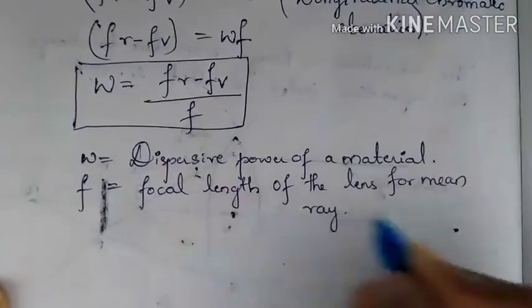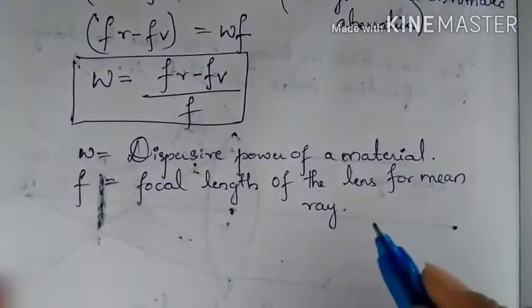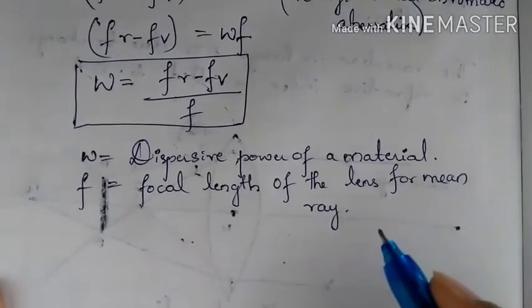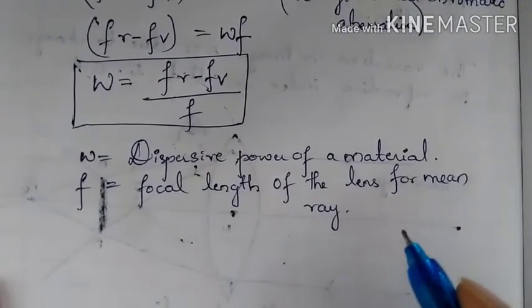The mean ray will be formed in between FR and FV, and that will be for yellow light.